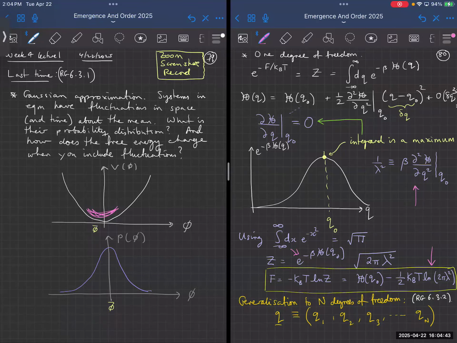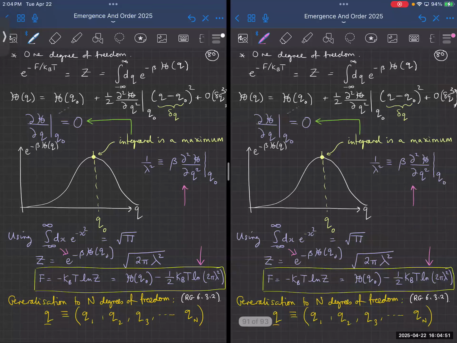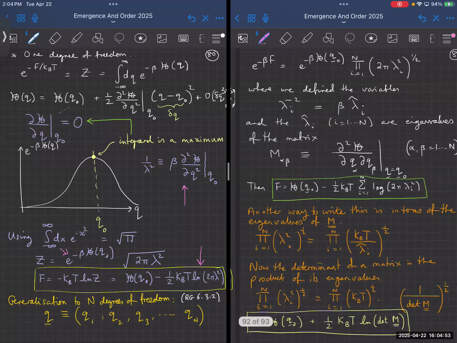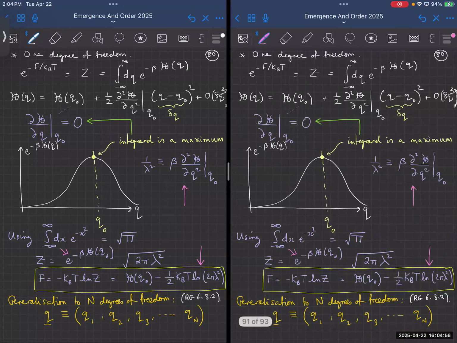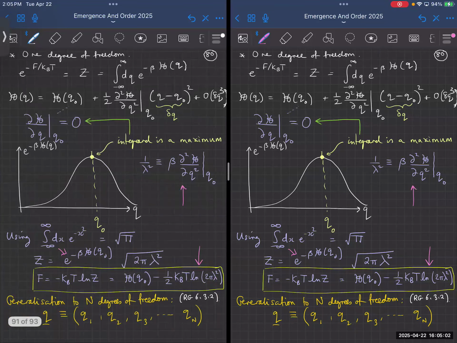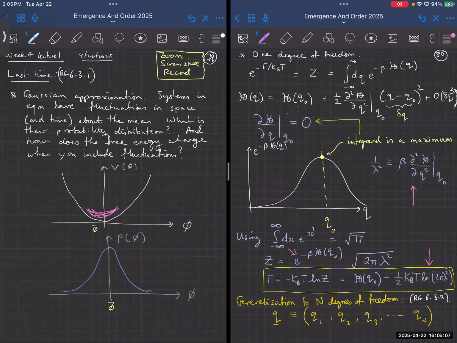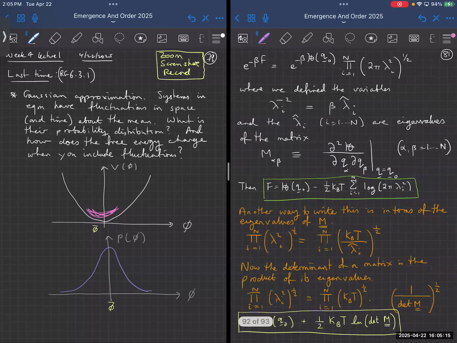So that was the 1 degree of freedom. It's very simple. When we go to n degrees of freedom, it's a bit more complicated. What you have to do is write it as an expansion over your degrees of freedom, and expand the Hamiltonian to second order.